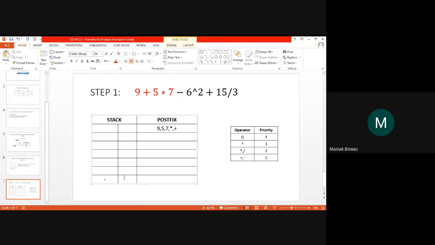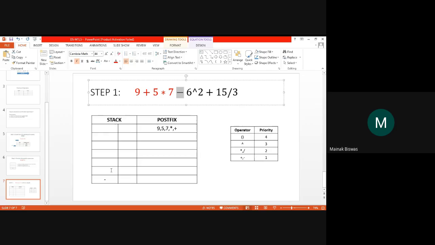You have to understand that the operator we are encountering has to be compared with the top of the stack. If the operator at the top of the stack has the same or higher priority than the operator encountered in the expression, then it has to be popped out and added to the postfix expression.